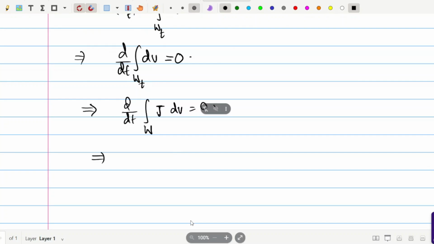So this implies what? What happens to the derivative once you take it inside?